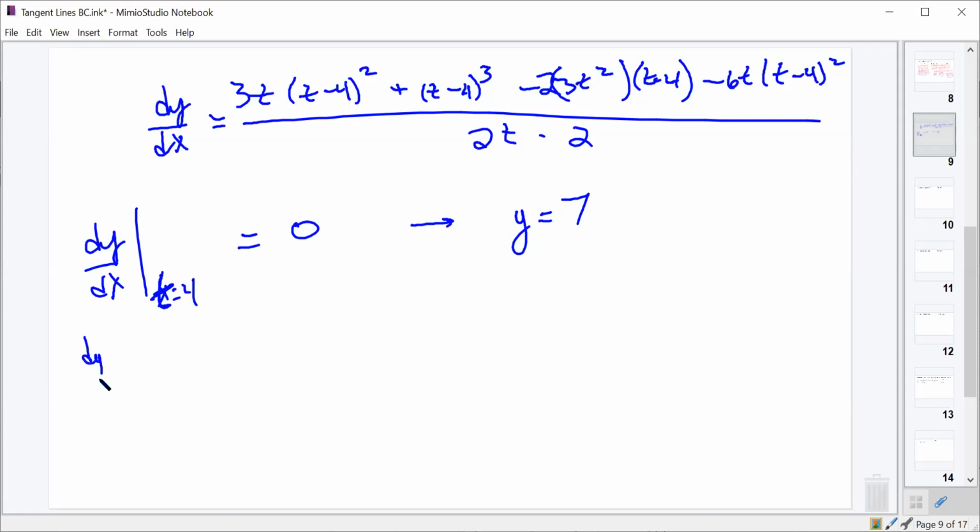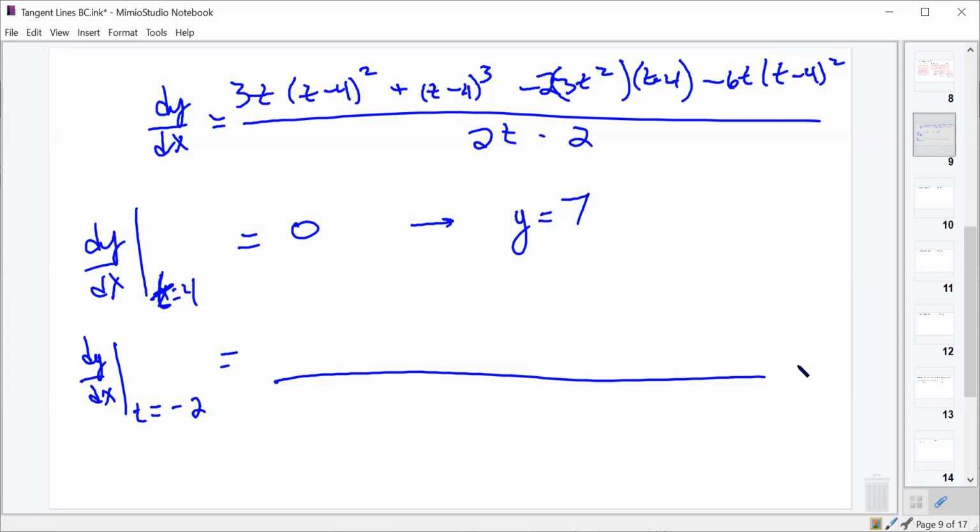All right, and then for our other one, evaluating that at t equals negative 2, that's going to be a little bit more of a pain. Our denominator is going to be easy. What's our denominator going to be? 2 times negative 2 is negative 4, minus 2 is negative 6. And then up here, we're going to have negative 6 times 36, plus, what is 36 times 6? 216, right?